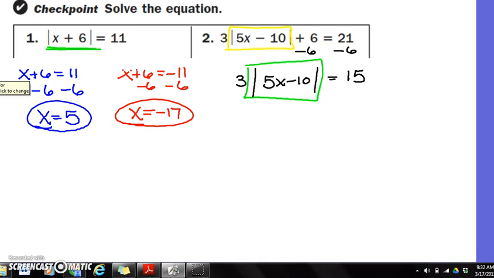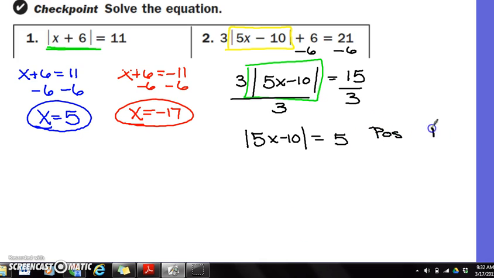So to get it alone, you're going to have to divide by 3. So the absolute value of 5x minus 10 will equal 5. Now you can break it into the positive side and the negative side. So you can have 2 answers and you're going to solve. The positive side will be 5x minus 10 equals 5. And then the negative side will be 5x minus 10 equals negative 5.